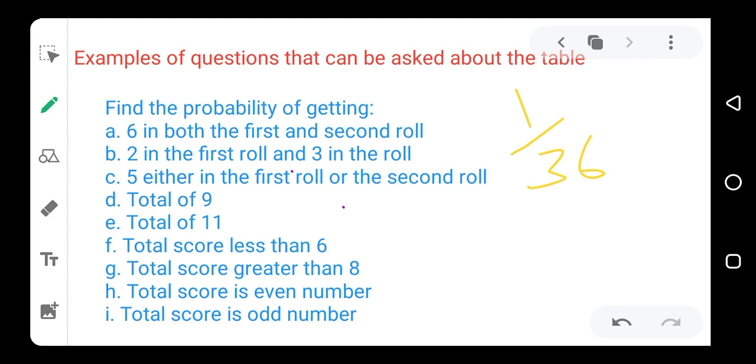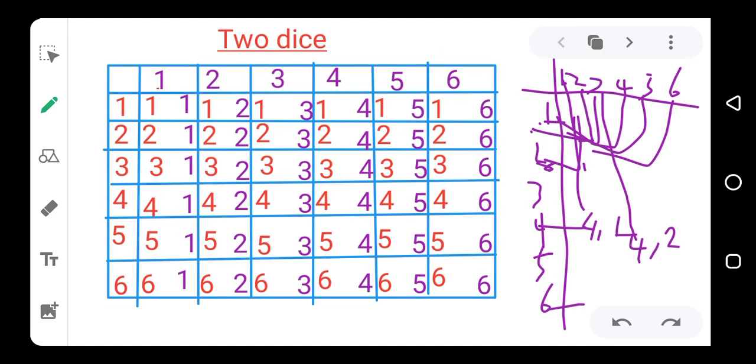Then the probability of getting 5 either in the first row or the second row. Now this means the probability of all the outcomes that have 5 in them. So whether the 5 comes in the first row or it comes in the second row, we count it. So we go back to the table, we check anyone that has 5 among the outcomes.